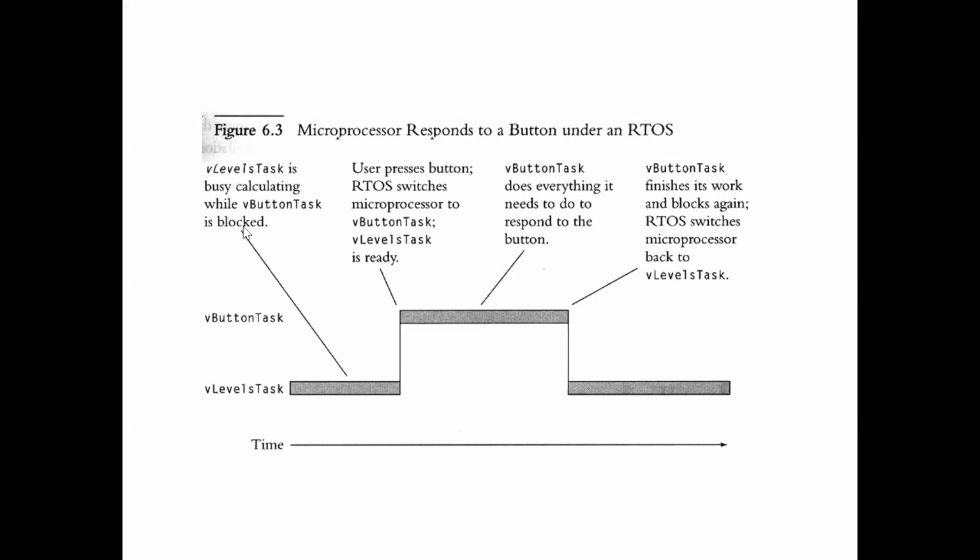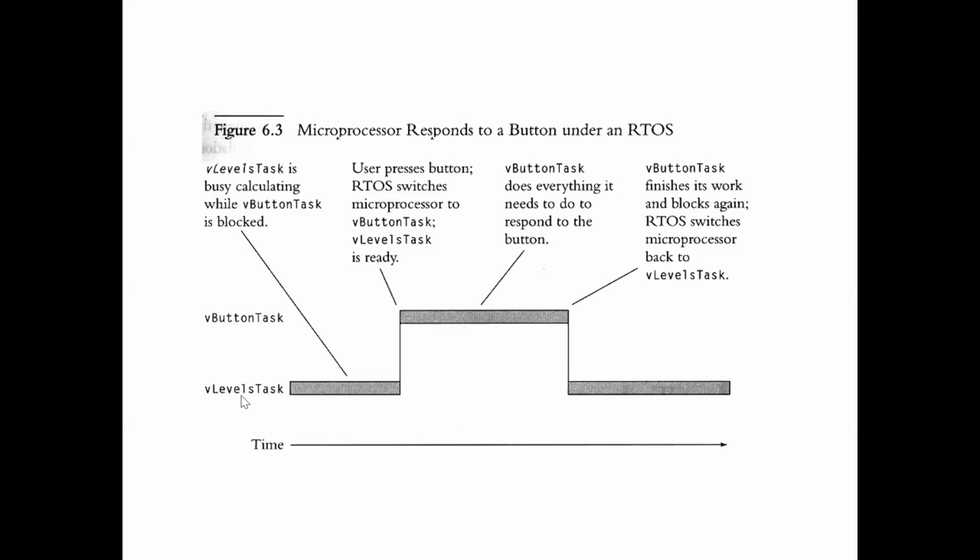Are you getting? Why is this blocked? Because it is unblocked only if some user presses the button. If no one has pressed the button, this task is not going to execute at any time. Such kinds of tasks are called blocked tasks, because they are waiting for something to happen. What is that something? Someone has to press the button, otherwise the button will not get pressed automatically. So that kind of task is called a blocked state.